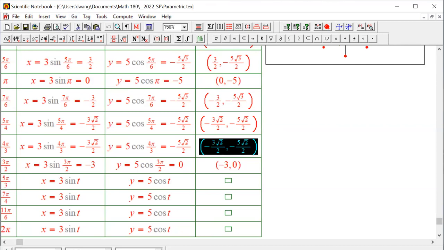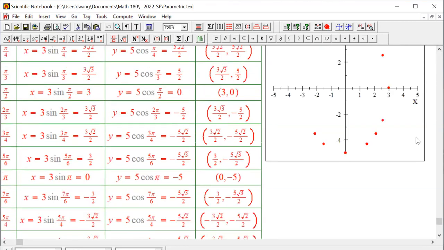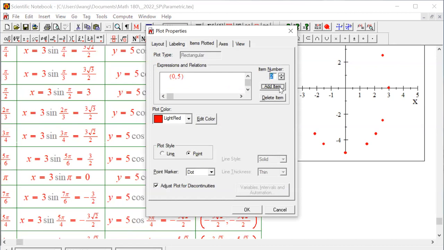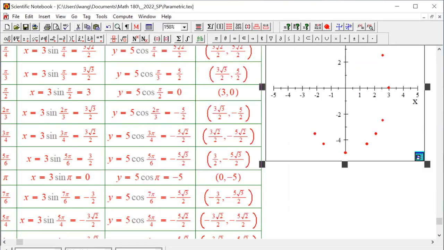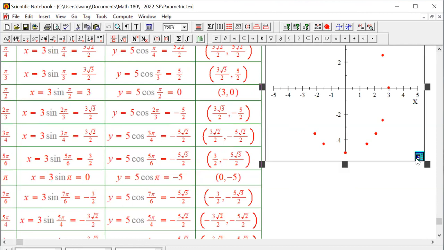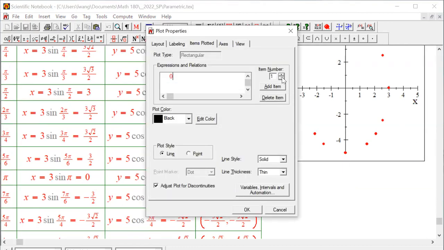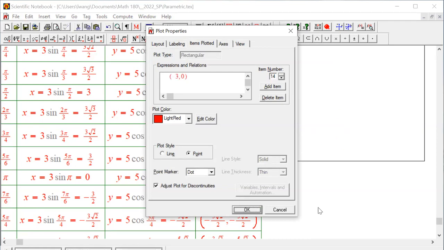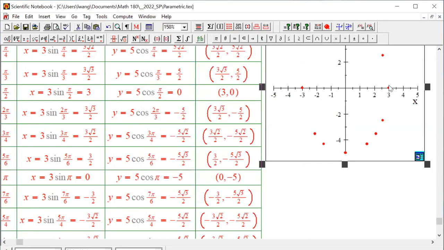So we have this point, and one more point, -3, 0. We are almost done. -3, 0, right there. So you can see the ellipse is almost there.